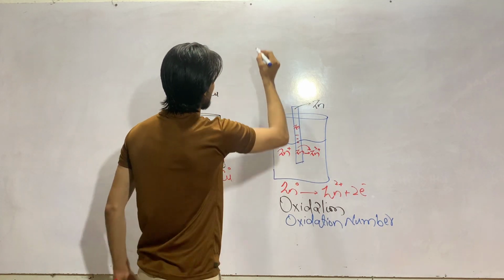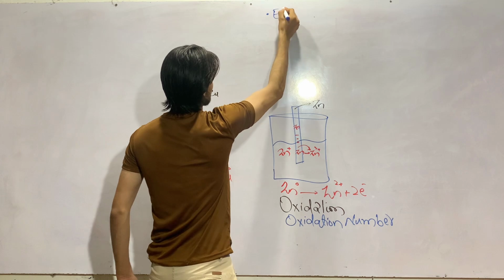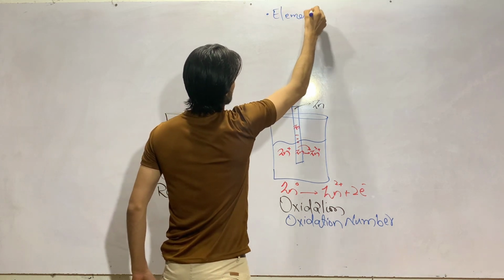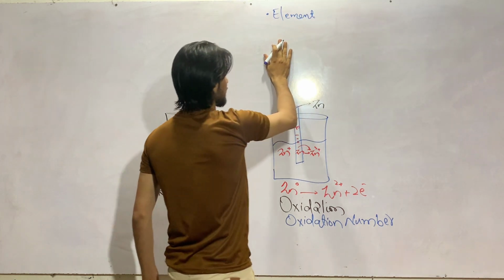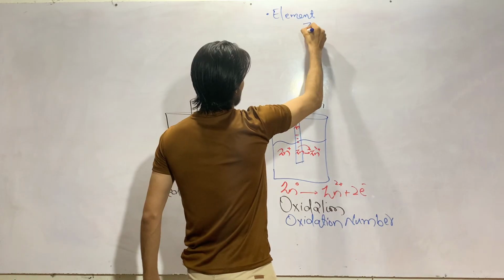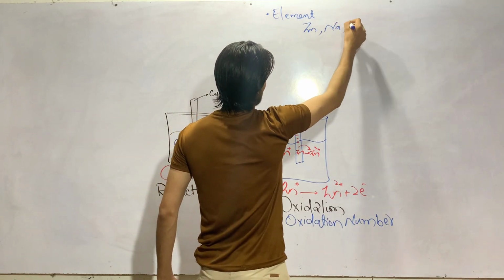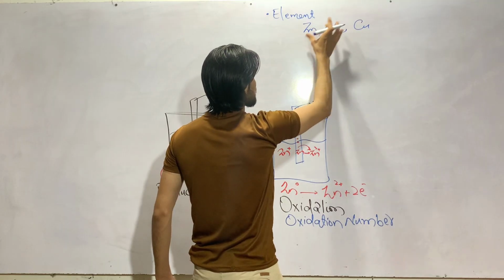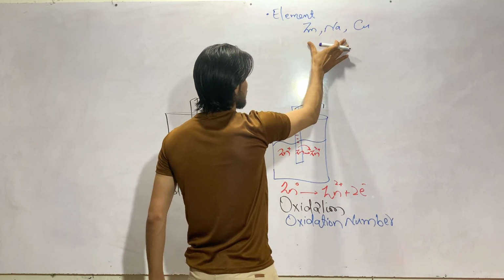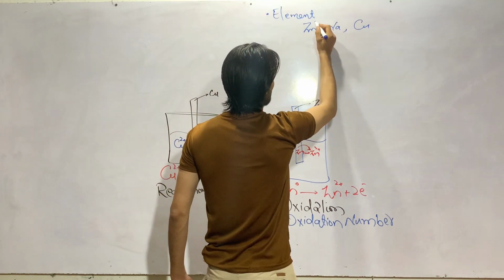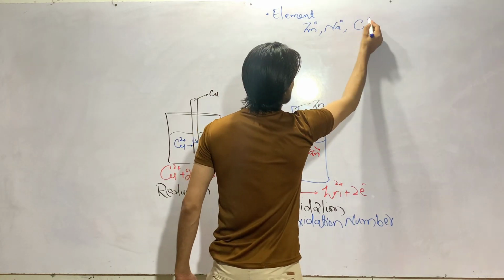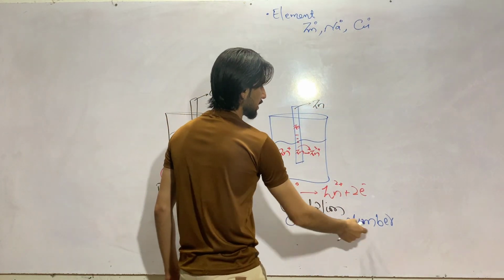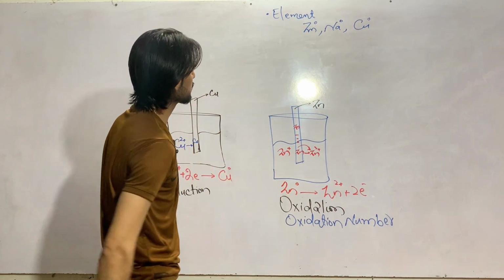It means when an element is present in its natural state, like zinc metal, sodium metal, copper metal, all these atoms are surrounded by others of the same kind. So here their oxidation state would be 0. Oxidation number, their oxidation state would be 0.